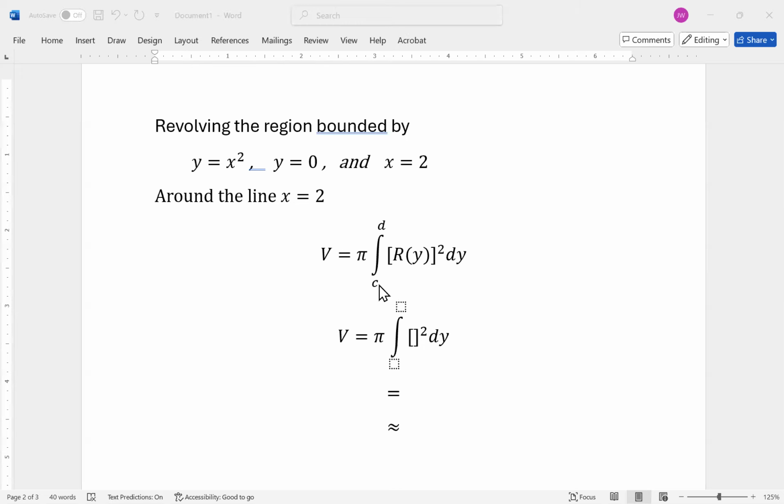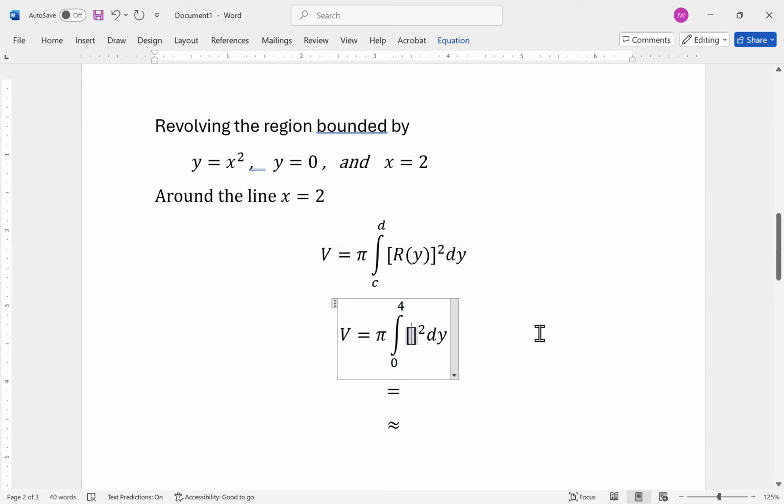It doesn't matter which piece you start plugging in first. I'm going to do my bounds first. These are y bounds. So my y bounds in this case went from 0 to 4. Now, the radius is tough because remember, we're doing this with respect to y. So I need to go back and solve this equation for x so I can get x is equal to a function of y.